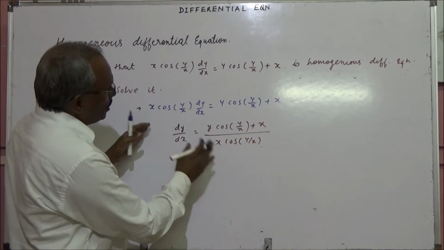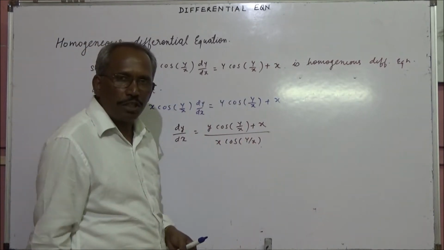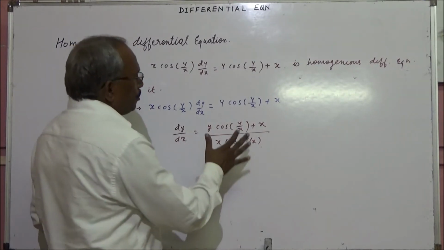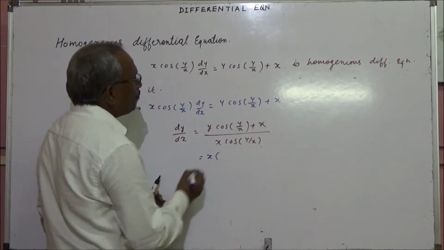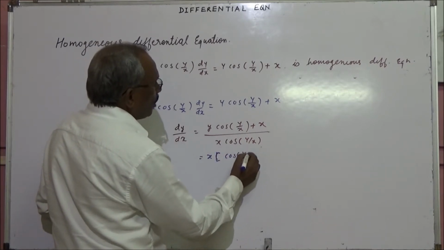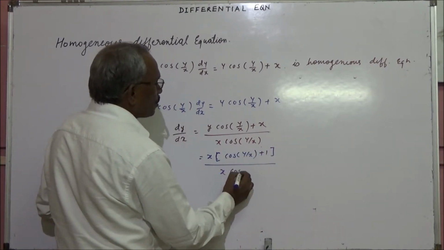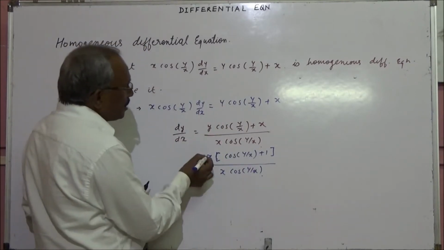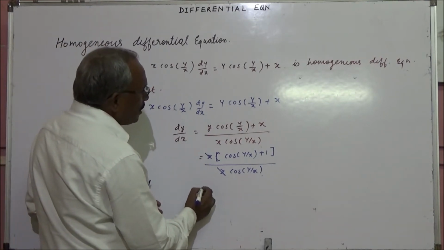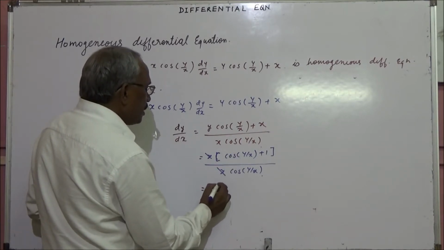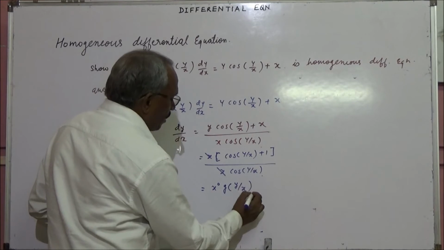So to show it is a homogeneous differential equation, we have to show that this function is a homogeneous function. So let us take out x common from the numerator here, so it is cos of y by x plus 1 upon x into cos of y by x. Now see here, this x cancels. So therefore this can be written as x raised to 0 g of y by x.